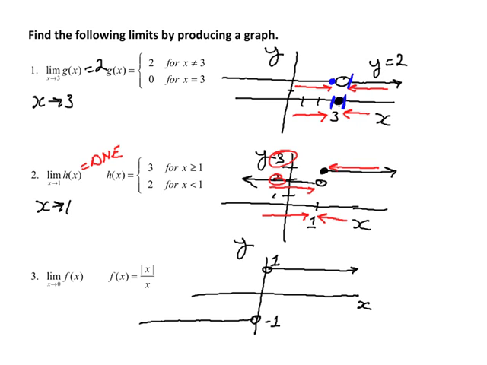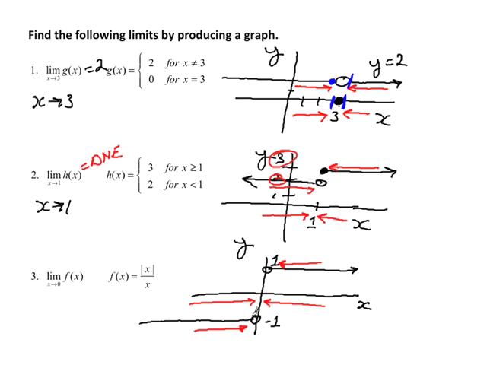So now, let's go back to the idea of what is the limit. Well, as x approaches 0 from the right, as x is really, really close to 0, where am I in the graph? Well, I'm at 1. As x approaches 0 from the left, I get really, really close to 0, I'm at negative 1.